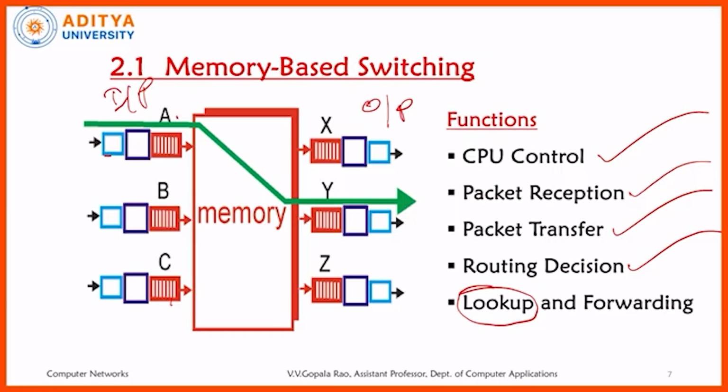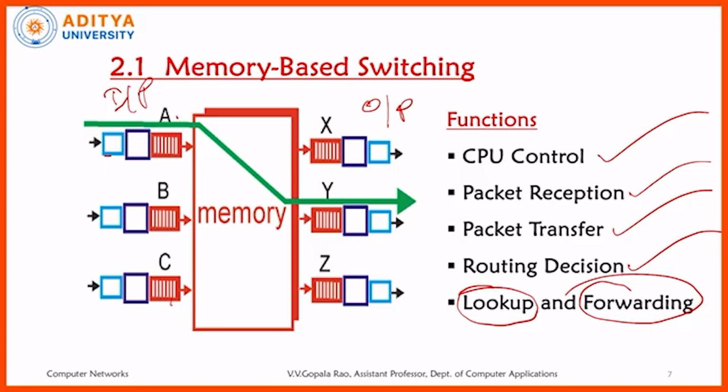So that is why lookup and forwarding is another important process, in which the router checks the clearance of the path, and after that releases the packet to travel to the other side. That is called forwarding. So this is the basic idea about how memory based switching is possible.